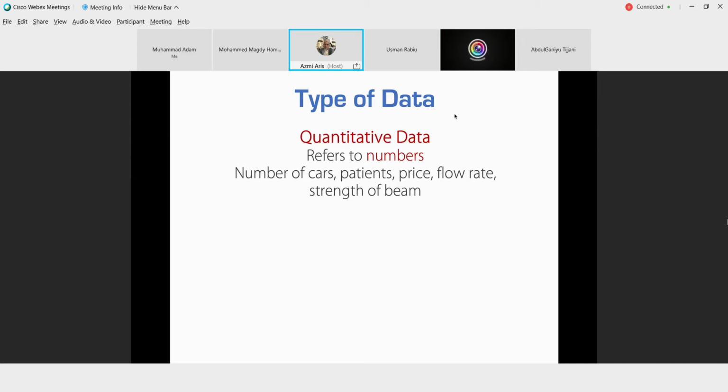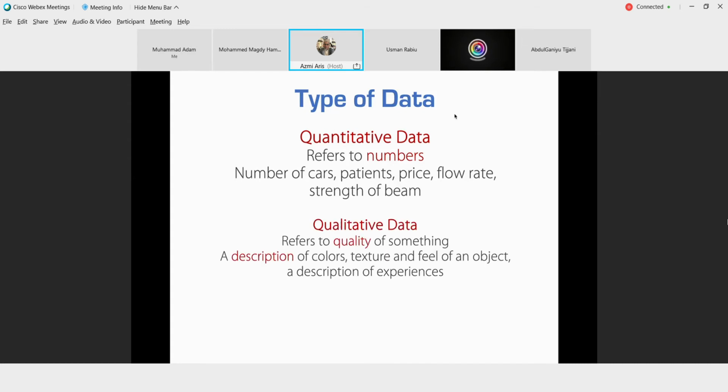For example, if you are working on transportation, maybe you want to count the number of cars or lorries passing through. Or if you are in the medical field, maybe you want to look at patients, or the price. If you are a hydraulic engineer, you may be looking at the flow rate. If you are a structural engineer, you may be looking at the strength of a beam. These are all classified as quantitative data.